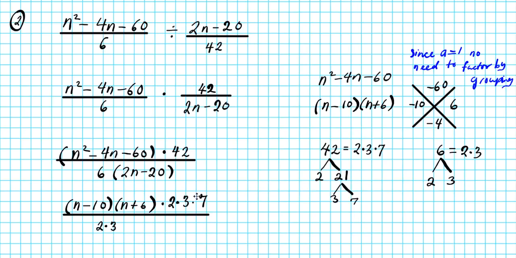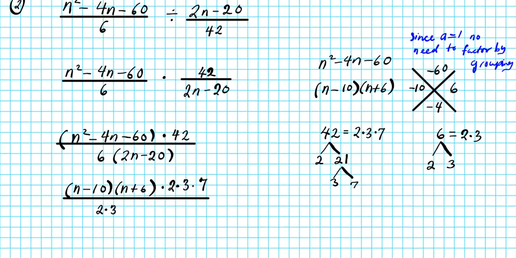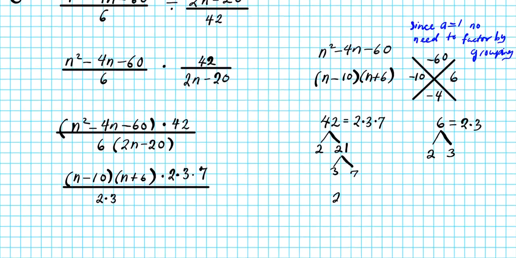Now we'll direct attention to the second denominator factor, the quantity 2n minus 20. Can we factor this? Well, let's express it as 2 times n minus, if you decompose 20, you have 2 times 2, which is 4 times 5, which is 20.